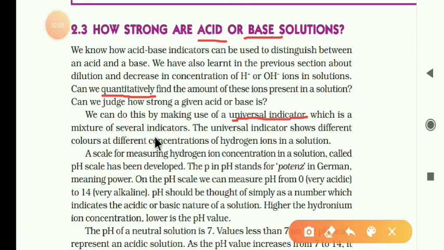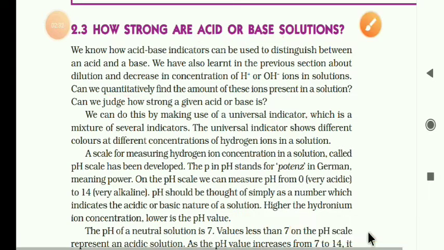It is used to know quantitatively the amount of hydroxyl ions or hydronium ions present in the solution. The universal indicator shows different colors at different concentrations of hydronium ions, hydrogen ions, in the solution. It is a scale for measuring hydrogen ion concentration.